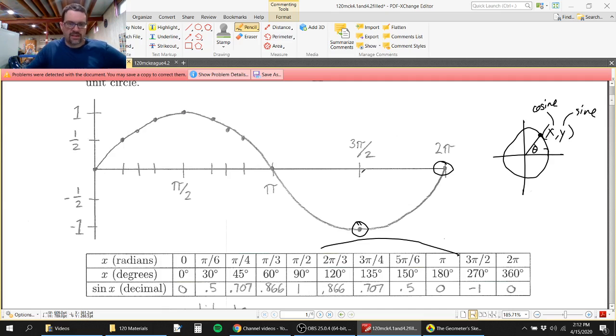So what we're really plotting here is, as theta goes around, as the angle goes around, the graph of the y coordinate on the unit circle. So as you go all the way around, your y-coordinate peaks at 1, comes back down to 0, goes into negative values, hits a low spot of -1, and then comes back around and it's at 0 again. And that's exactly what's going on when you trace this path.